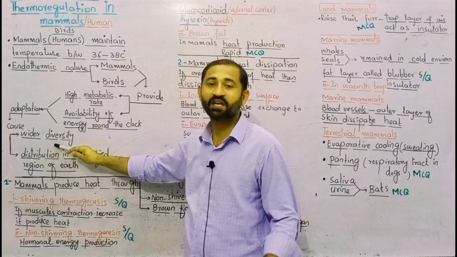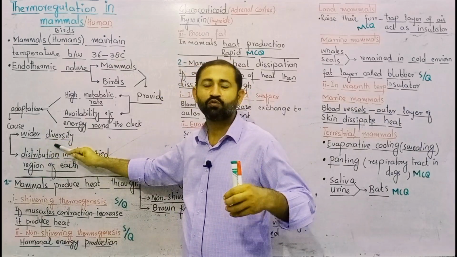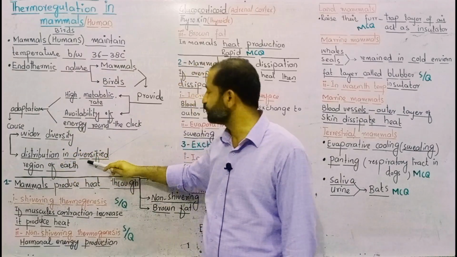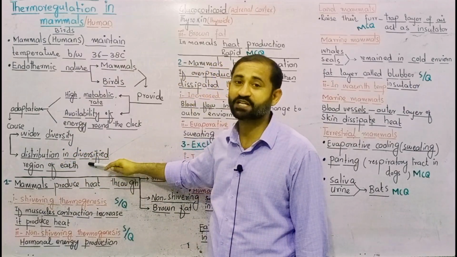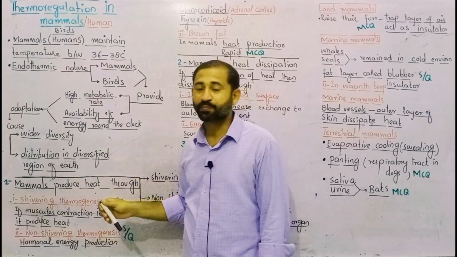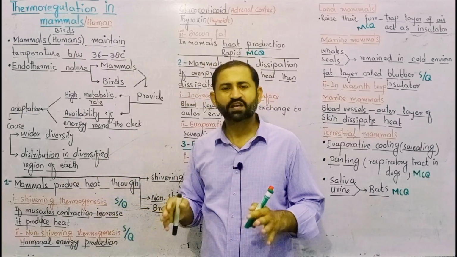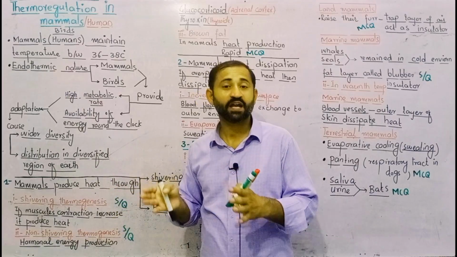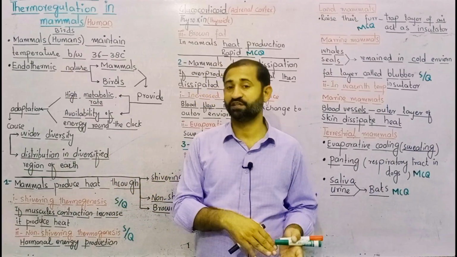They can be found in just about every type of environment, and number two, in diversified regions of the earth. They are present in extreme environments at one end and extreme environments at the other.